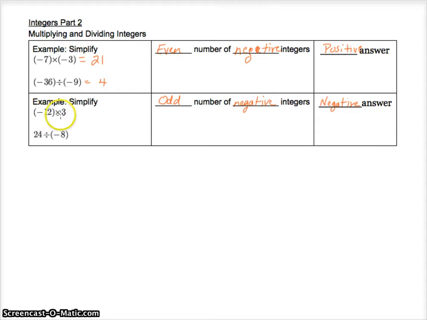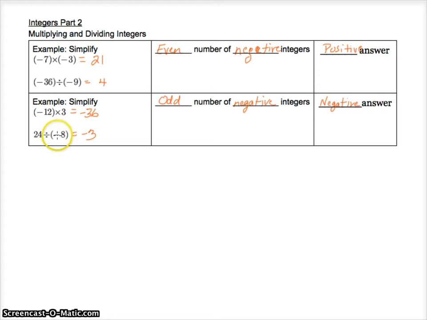So since I have one negative number here, I've got negative 12 times 3, which is 36, but since there's one negative, my answer is just negative. Similarly, if I have 24 divided by negative 8, I'm going to do 24 divided by 8, which is 3. But my answer is negative because I have one negative.